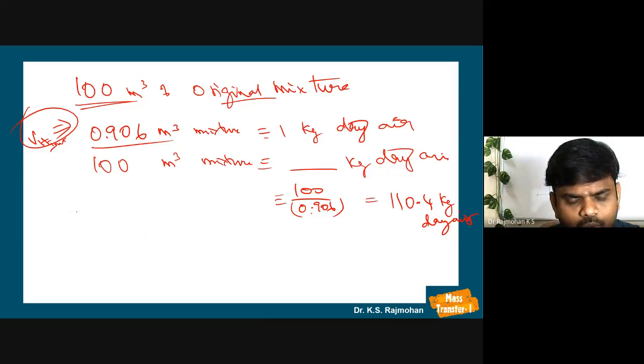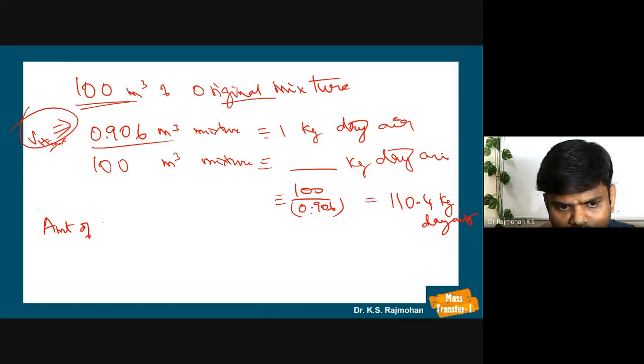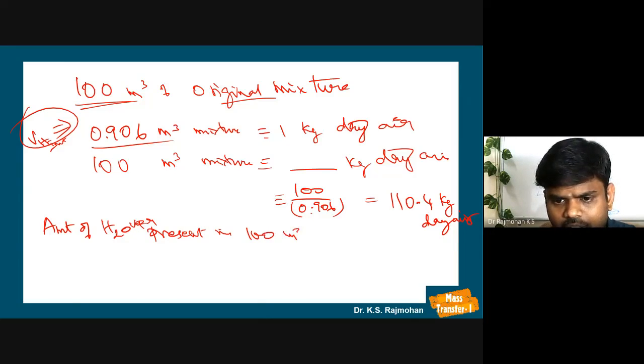Now what would be the amount of water present in this dry air? Because we have absolute humidity data, the amount of water vapor present in 100 meter cube of mixture is, what would be the value? How much is absolute humidity?